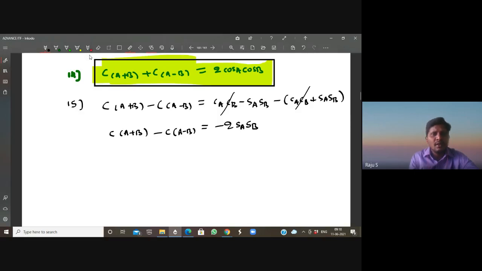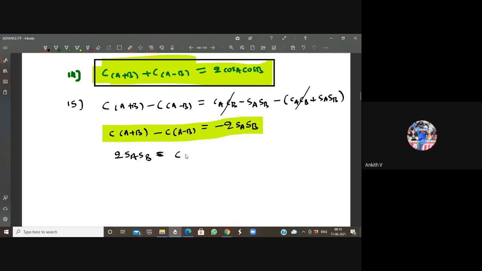Okay, students, in other way, I want to know the 2 sin A sin B formula. 2 sin A sin B is what? When I multiply by minus on both sides, the RHS becomes plus 2 sin A sin B equals cos(A minus B) minus cos(A plus B). Very good.